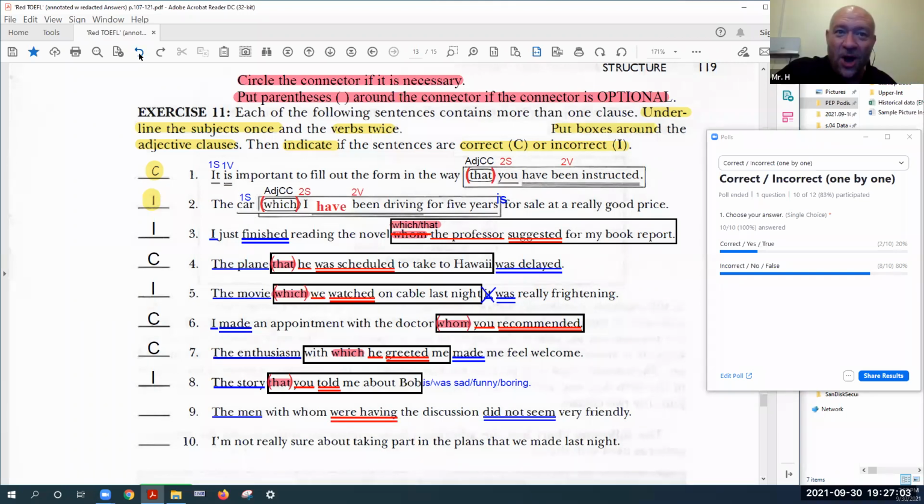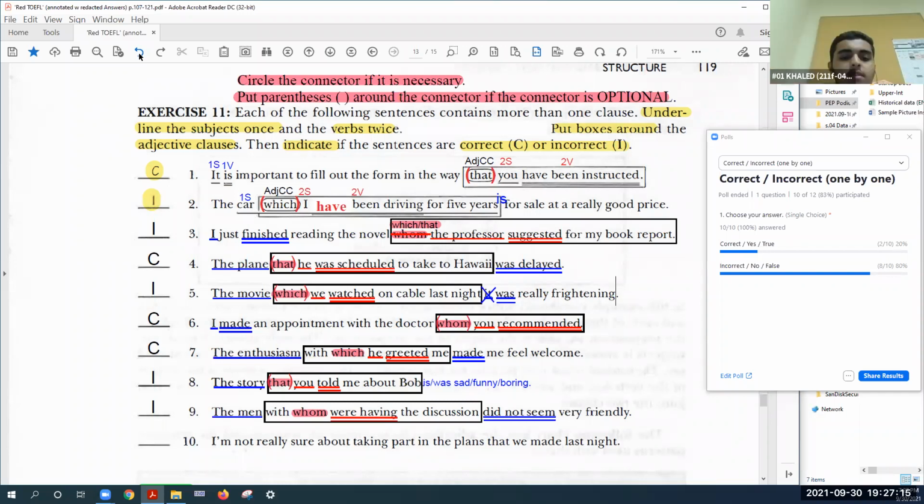We have a connector. We have a second verb. But you're missing the second subject. Whom can't be the connector and the subject. Right. Whom is never a subject. Remember? It is only the object. Okay. So we have to add a subject, we.